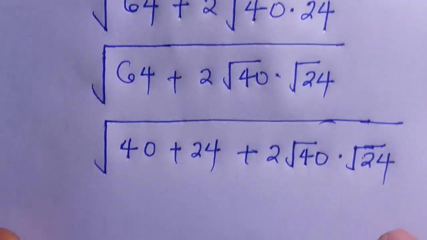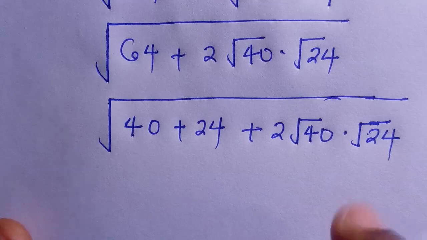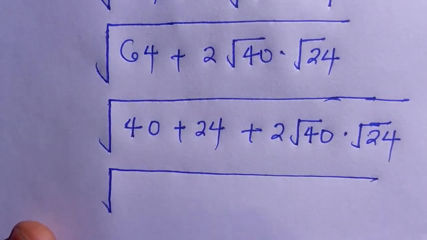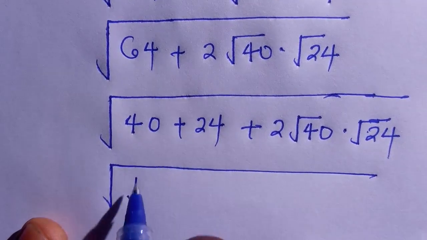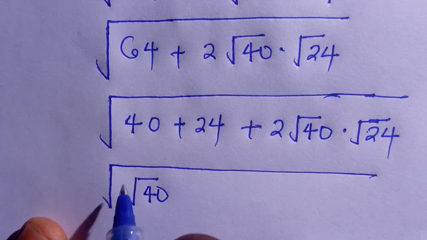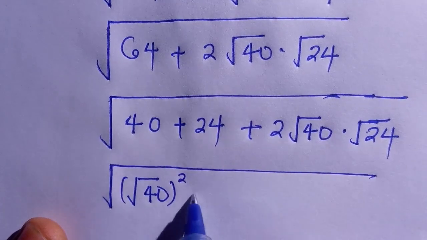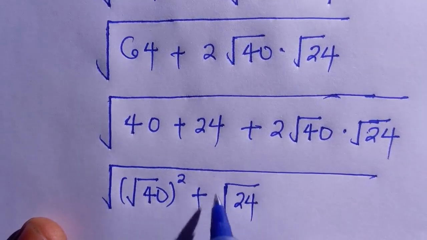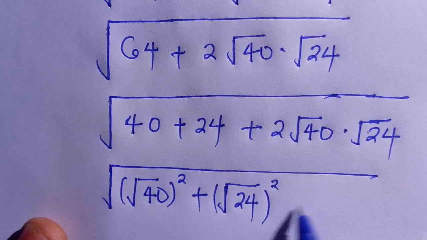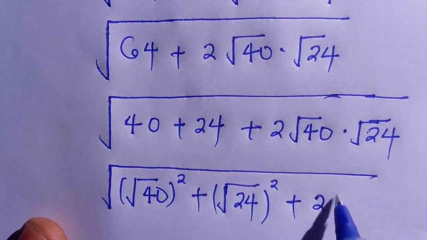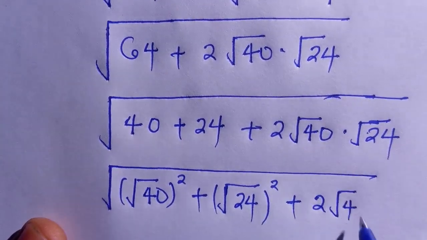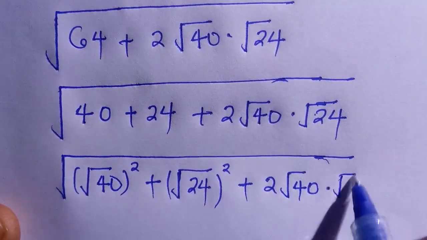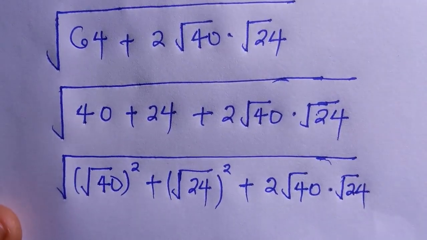And we can also manipulate this one as square root of, so this 40 we can write it as square root of 40 raised to the power of 2 plus square root of 24 raised to the power of 2 plus 2 square root of 40 multiplied by the square root of 24.